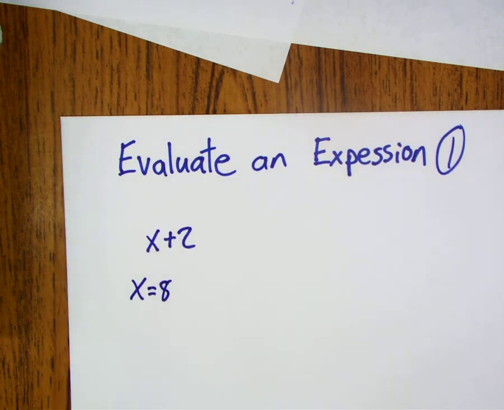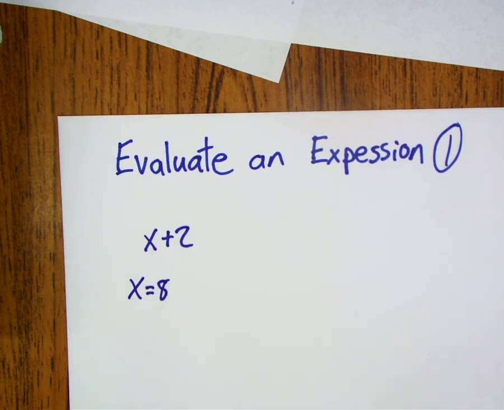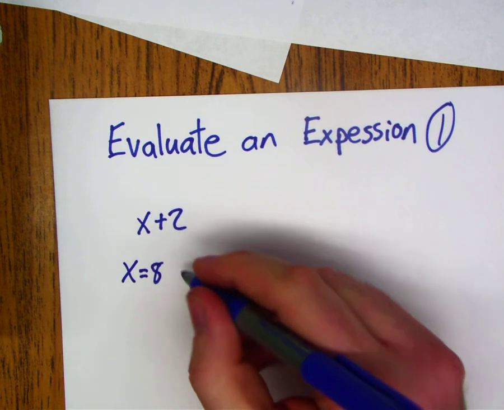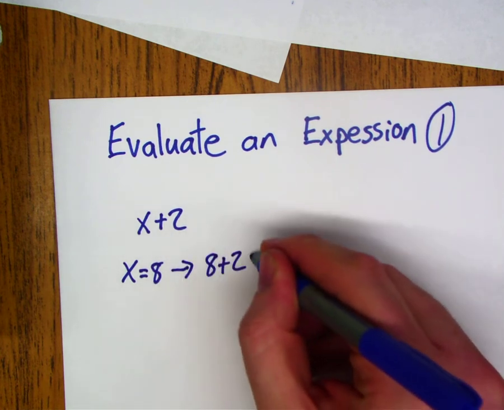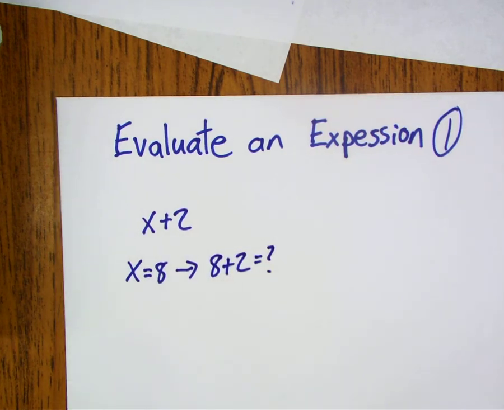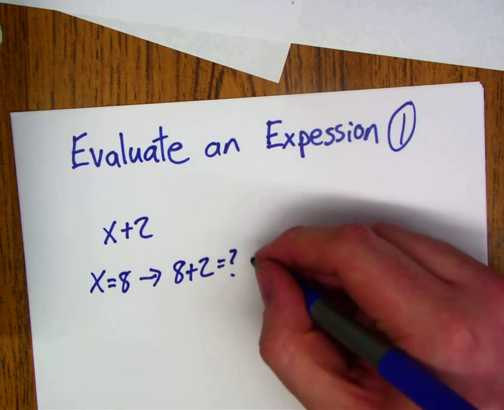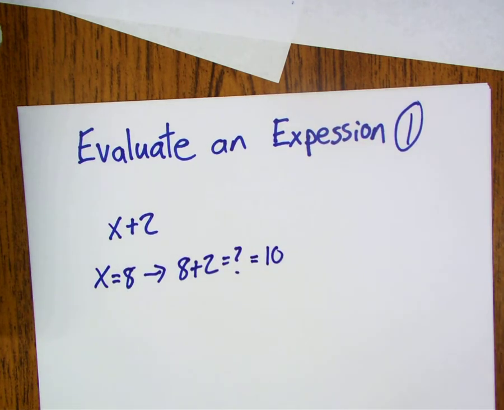All they're saying is plug in an 8 wherever there was the x. So for this one, that literally just means we go 8 plus 2. What does that equal? Well, dear friends, that's just equal to 10. 8 plus 2 is 10.